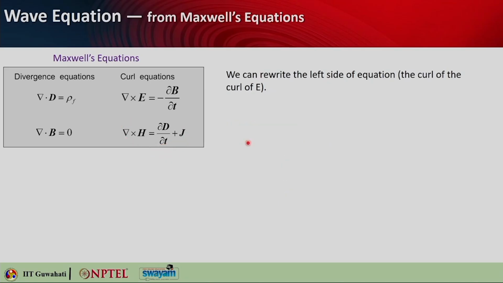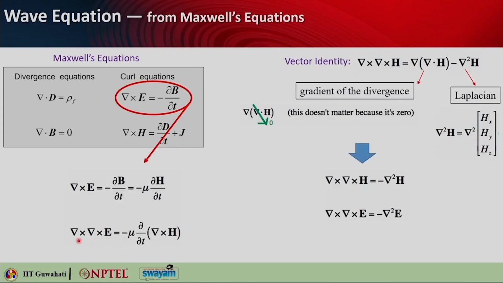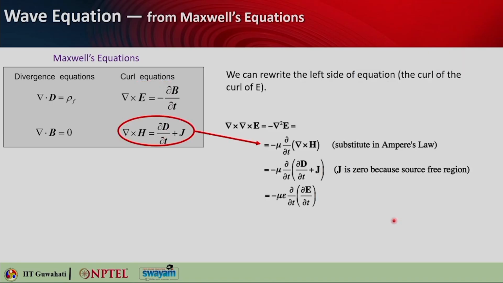So in the equation, if you go back, curl of curl of E can be written as minus del square E. So let's put it there. The left hand side becomes minus del square E, and the right side has minus mu d by dt of curl of H. Curl of H you can substitute from here, that is dou D by dou t plus J. Now what is J? J is the current density, and we have assumed that it's a source free region, so the current density term goes to 0.